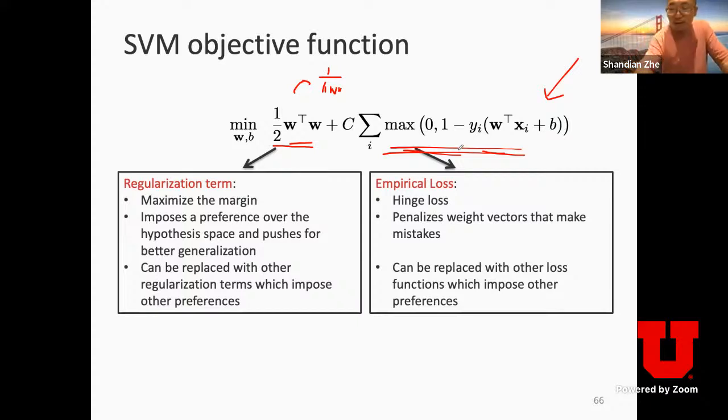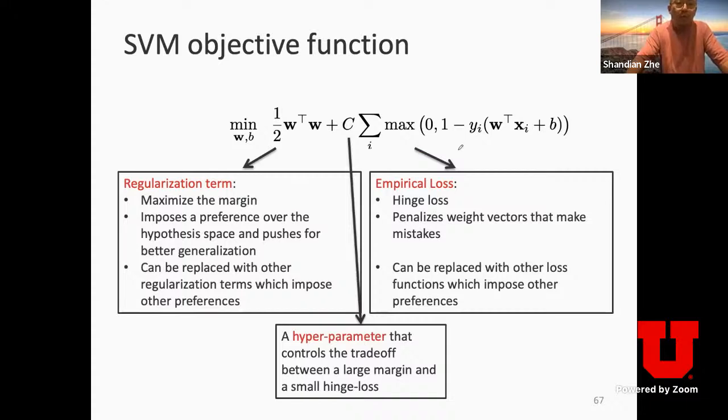And eventually, we usually need to introduce a hyperparameter that controls the trade-off between the regularization and the training loss. So that's the general framework for the regularized risk minimization principle. Any questions so far?